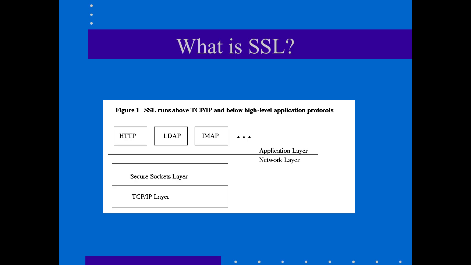LDAP is the lightweight directory access protocol, and that's a software protocol for enabling anyone to locate organizations or individuals or other resources such as files and devices on the network, whether it's on the public network or on a corporate network or an intranet. Then IMAP is the internet message access protocol, which is for email.